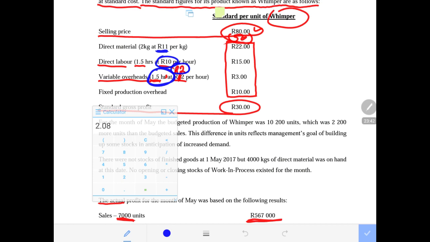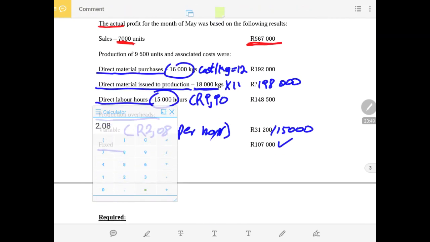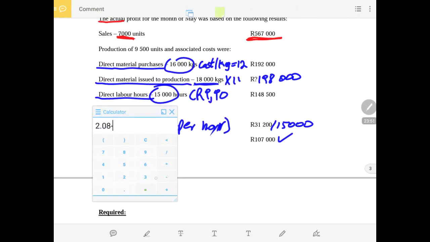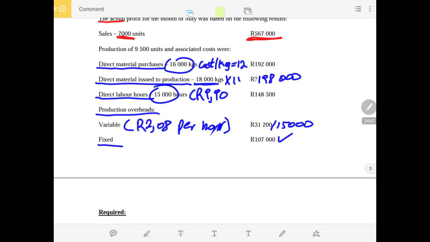If you still remember, we had 2 rand after the adjustment of the one that was mistakenly recorded. Therefore it will be 2 rand 8 cents minus 2 rand, meaning the variance will be unfavorable by 0.08, and we multiply this by the actual labor hours of 15,000 hours. Therefore there will be 1,200 of variance regarding the variable overhead rate.